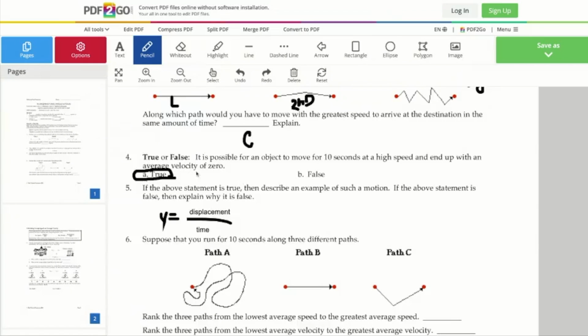If it has an average velocity of 0, its displacement needs to be 0. So can you give me an example where a displacement is 0? It's really hard to understand for a lot of kids. How can average velocity be 0? Sometimes in your life, velocity is just an interchangeable word for speed, right? So can you give me an example where your average velocity would be 0 even if you moved for 10 seconds?